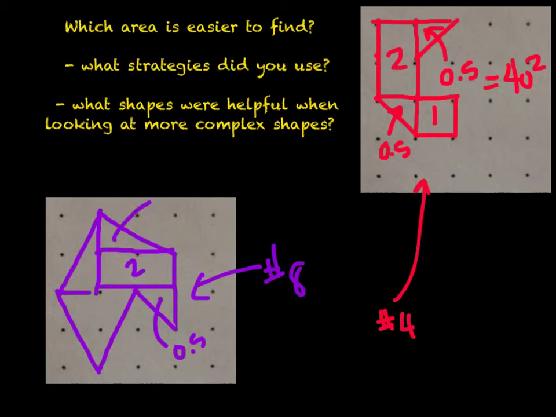We have a triangle right here. It has a base of 2 and a height of 1. So that means it's 2 times 1 times a half, because that is our equation for a triangle: base times height times a half, or divided by 2. And we would get 1 unit squared out of that.